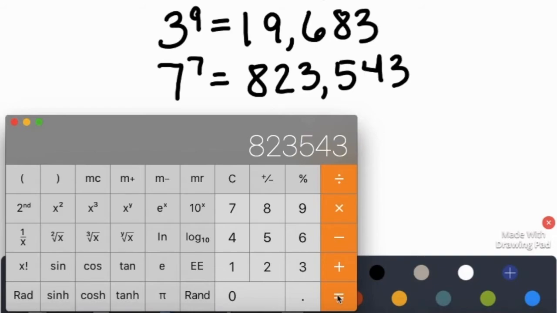Okay, now you try one. Let's do 5 to the 10th. So pause this video and type that into your scientific or graphing calculator and see what you get.